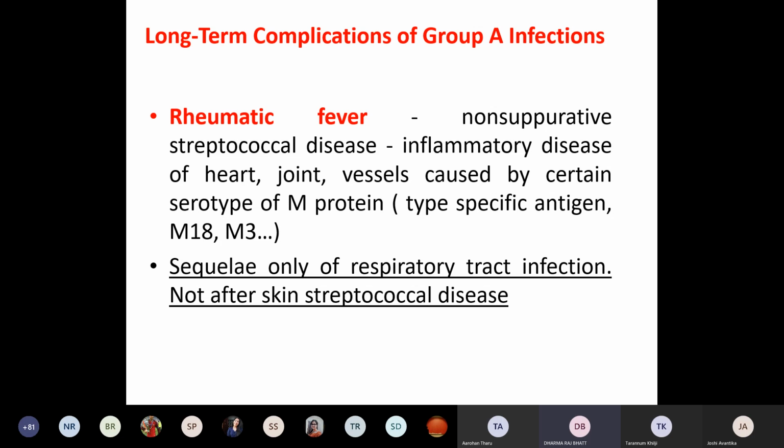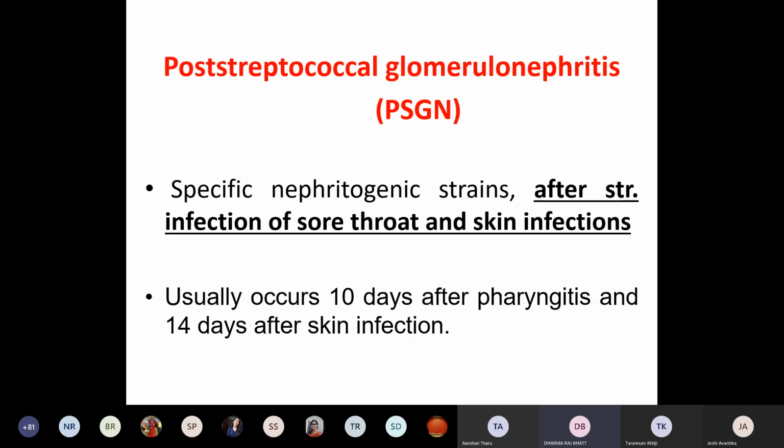After primary infection, either pharyngitis or skin infection, the associated complication is rheumatic fever. I'm not going into details of this condition because our topic today is another condition, post-streptococcal glomerulonephritis.